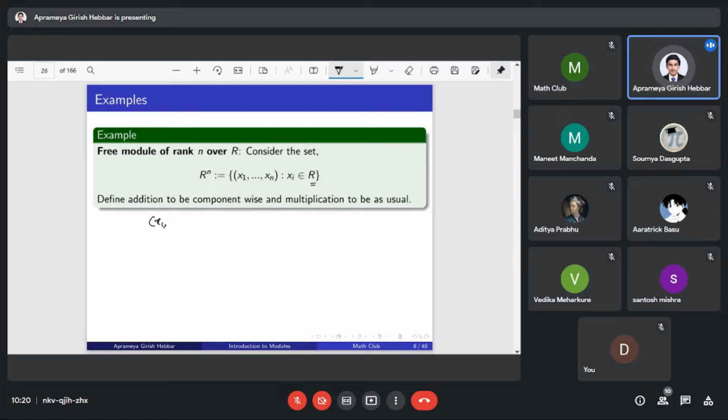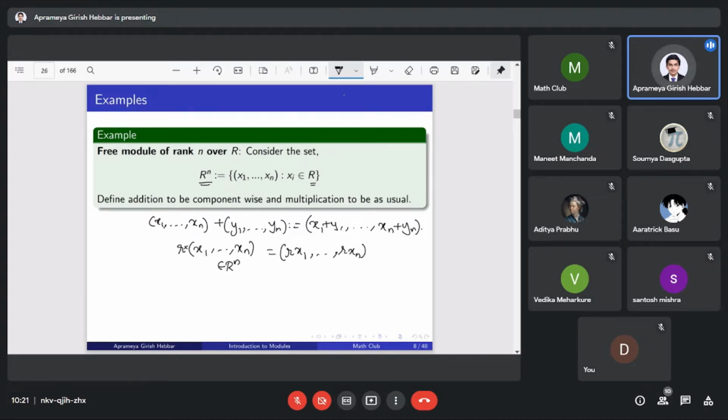So (x1, ..., xn) plus (y1, ..., yn) we define as (x1 plus y1, ..., xn plus yn). This would convert R^n into an abelian group. And multiplication is also defined component wise. So r times (x1, ..., xn), which is an element in R^n, we set to be (rx1, ..., rxn).